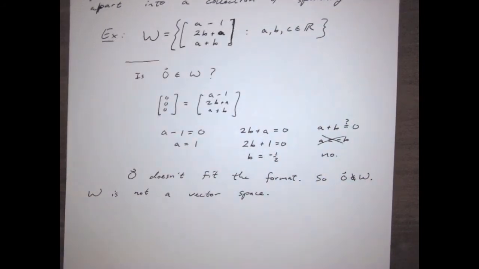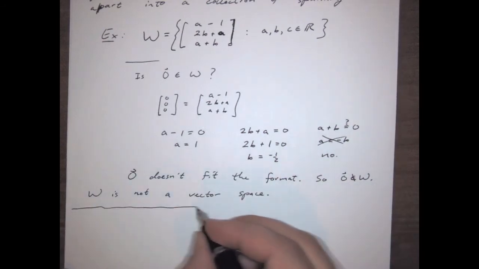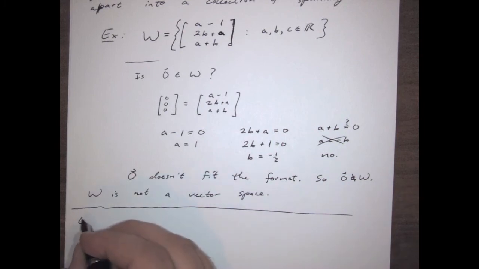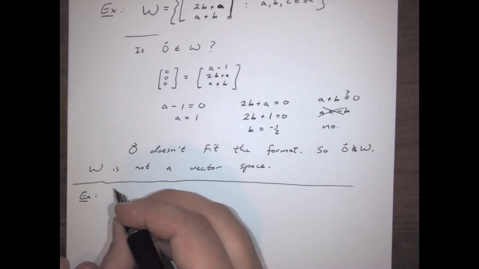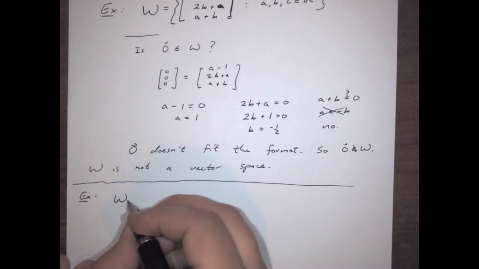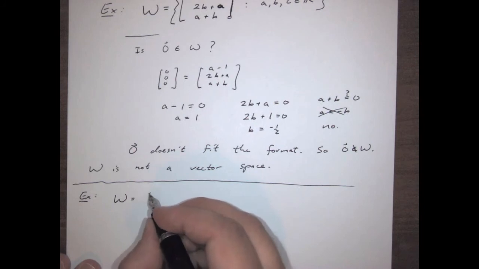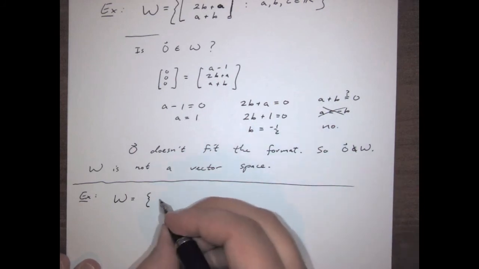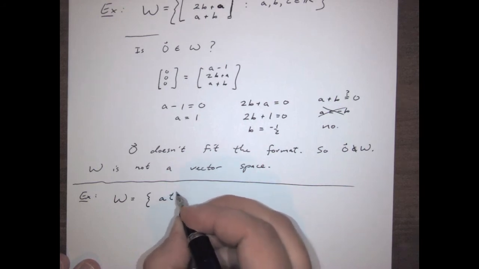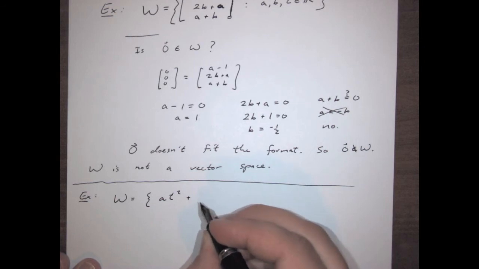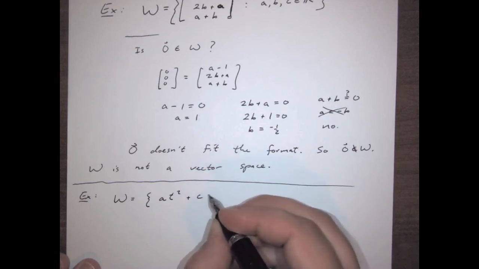All right. Now, let's take a look at an example of a polynomial case. So here's an example. What if we are talking about the set of polynomials of the form at squared plus c?